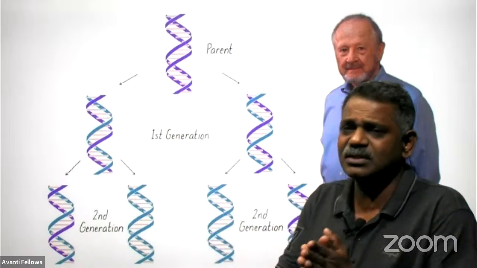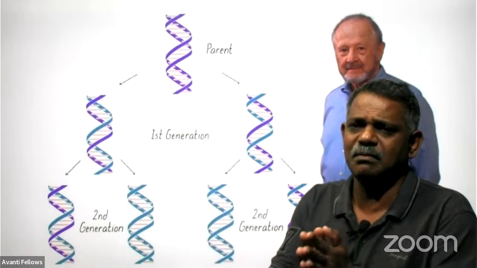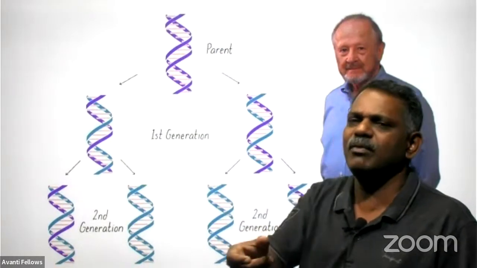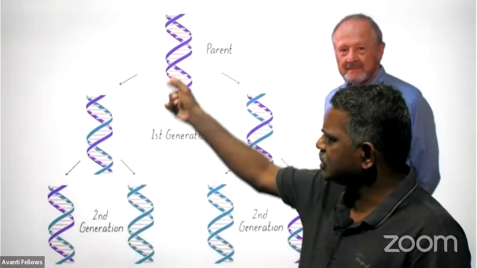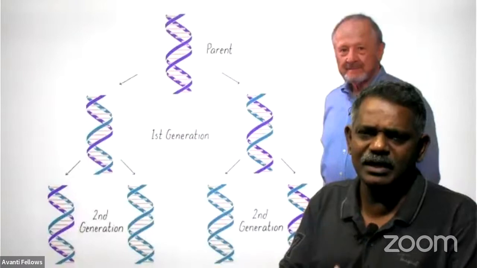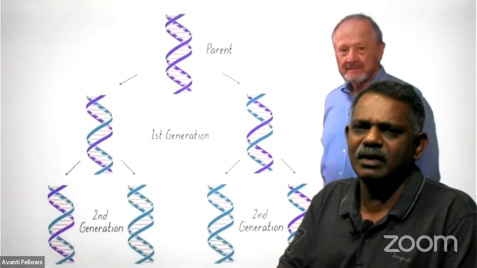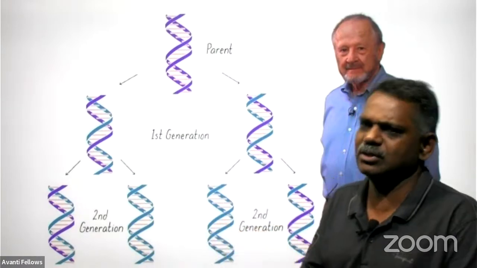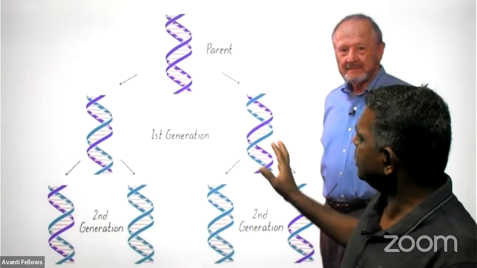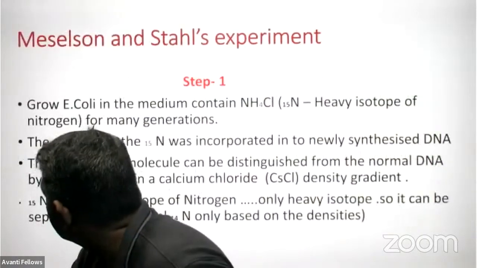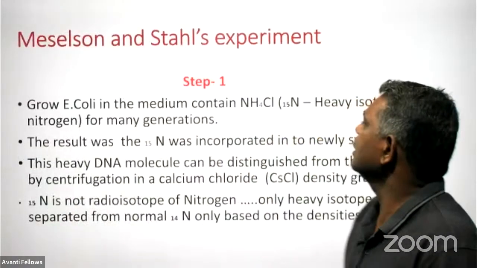And that conserved strand we call the template or the master strand. And this gives the information for the construction of the new DNA strand by the DNA polymerase enzyme, which always elongates, as I told you, in the 5' to 3' direction only. So this is the experiment conducted by these two scientists, the Meselson and Stahl experiment.